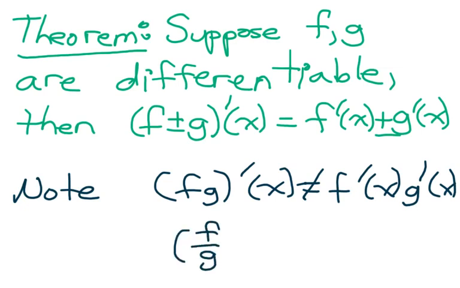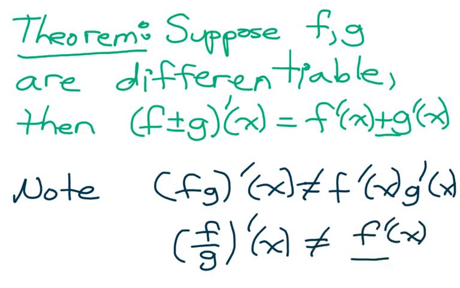But if you're multiplying or dividing the functions, then they don't work nicely. When it comes to multiplication and division, we are going to develop rules for these as well in future videos. However, it isn't just the product of the derivatives, which is a very, very common mistake amongst students. So let's talk about exactly why this theorem is true.